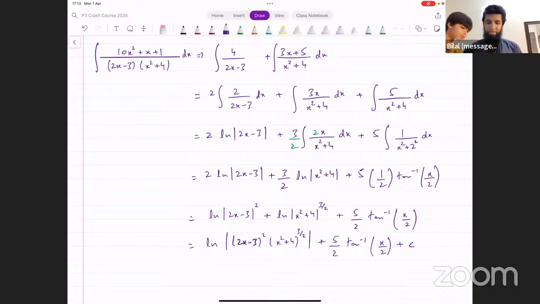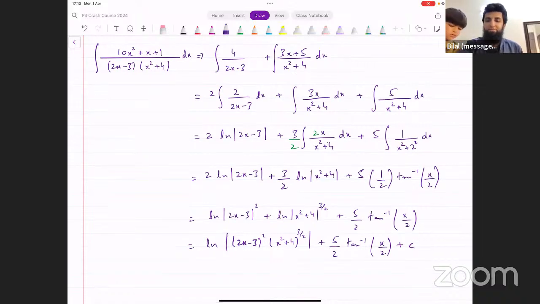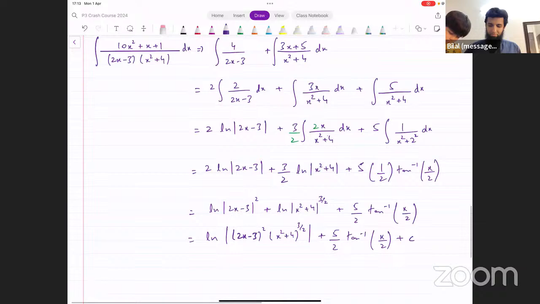Sir, if we take 2 common from the equation above, we will be left with 1 over 2 ln, we can just underroot it. Can we underroot ln x square plus? How can we do that? This is not an equation. Under root square, you can only do that if you have an equation. You can do that on both sides of the equation then, right?